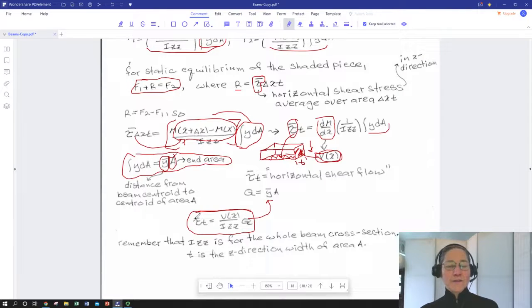And then the product of tau bar, or the average shear stress that we're going to consider at the location of interest, times the thickness, in addition to our delta x that's defining our cut, is known as shear flow in some books, so you might see that referred to as shear flow.